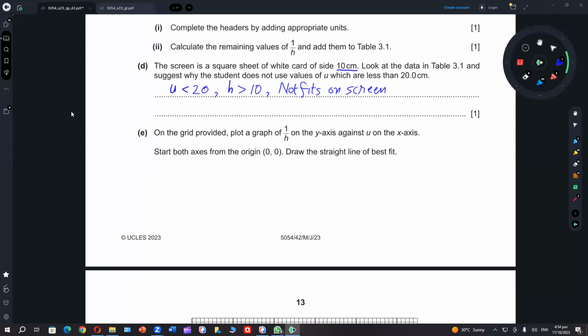On the grid provided, plot a graph of 1 upon h on y-axis and u on x-axis.